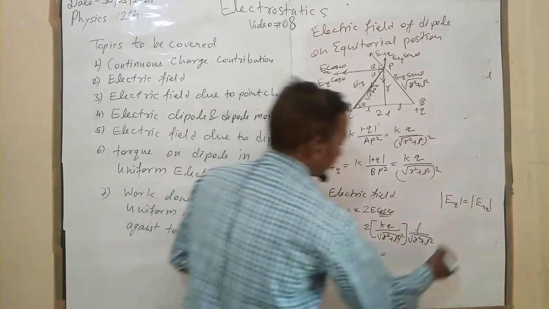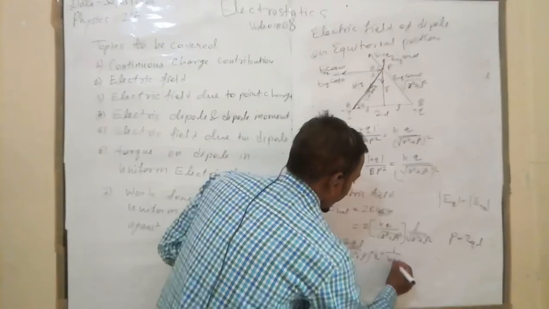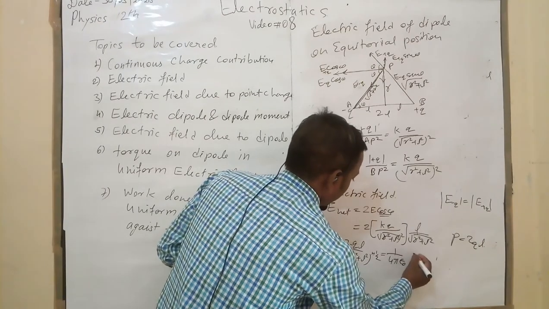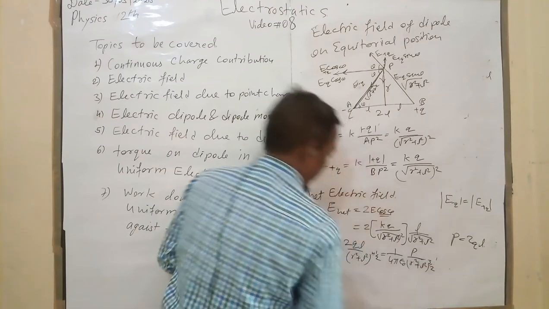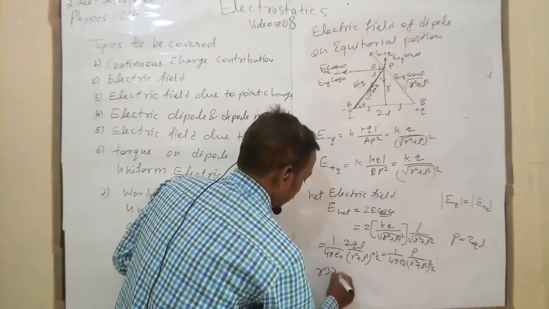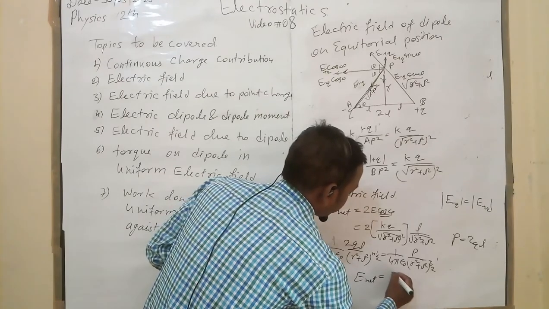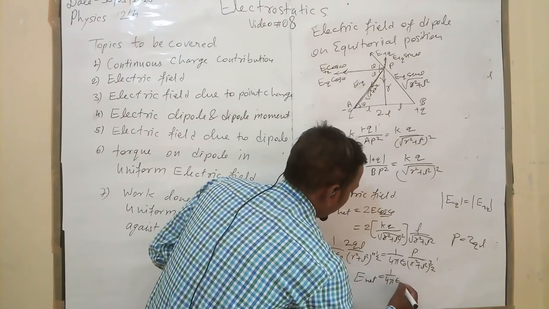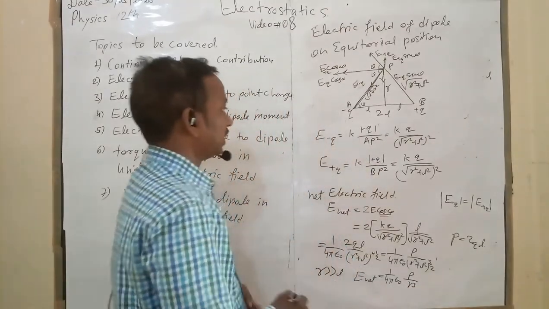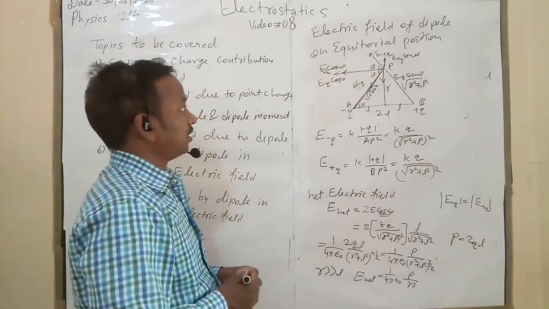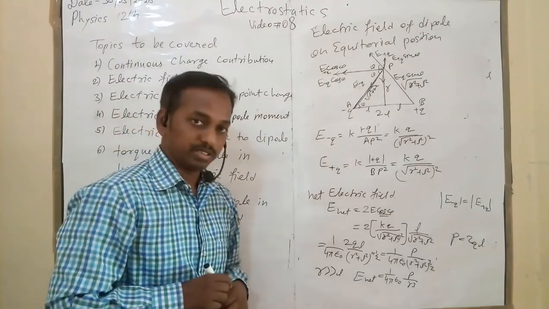We know that p equals 2ql, so put the value here, 1 upon 4 pi epsilon naught, that is p upon (r square plus l square) to the power 3 by 2. If r is more than l, then net electric field equals 1 upon 4 pi epsilon naught times p upon r cube. That is the final expression of the electric field of a dipole on the equatorial position.